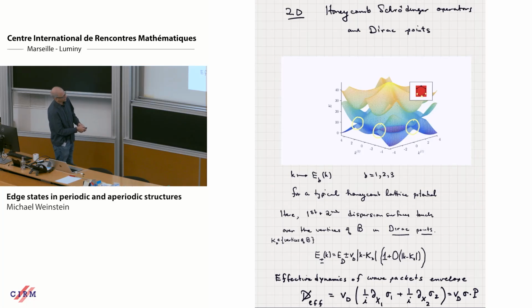And that wave equation one could work out as an effective Dirac equation having this form. Vd over here is just the aperture of the cone, and sigma 1 and sigma 2 are the standard 2 by 2 Pauli matrices.